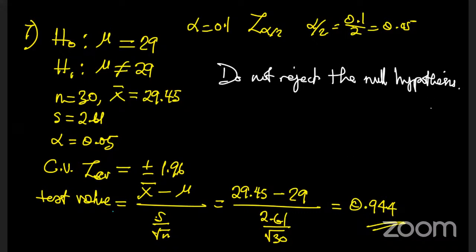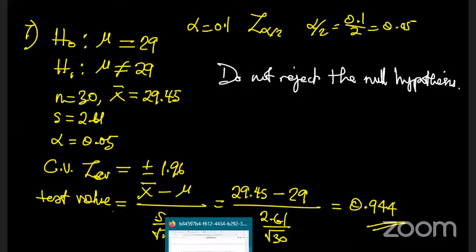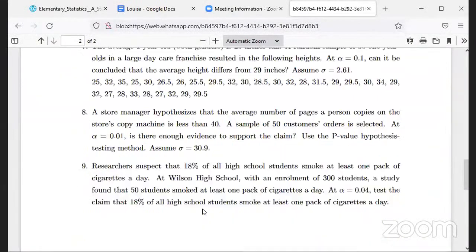The next question is 8. I think I have 2 more questions to go. A store manager hypothesizes that the average number of pages a person copies on the store's copy machine is less than 40.